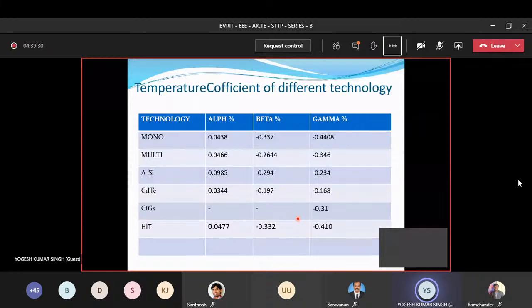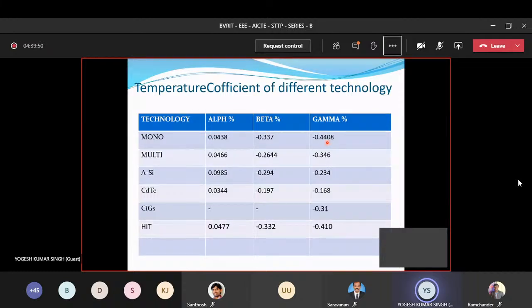If you put monocrystalline technology in the Rajasthan area, the temperature coefficient effect is very high, and that means degradation will happen at a very fast rate.